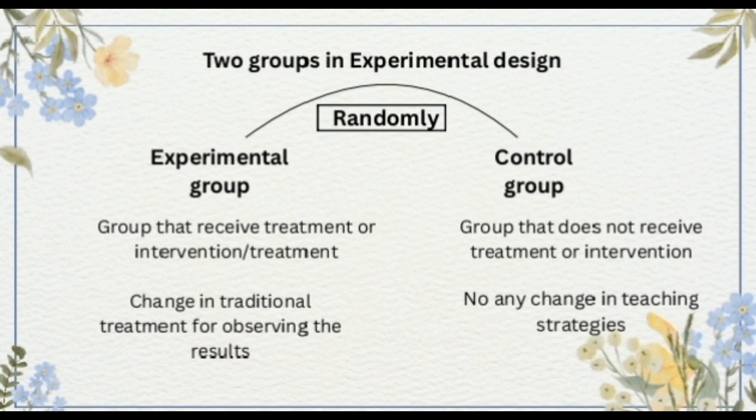Interventions mean something new for the students, because before that they had something traditional, so we change their method of teaching, or the techniques of teaching, or something we want to implement on them, to check the result of the new thing on them.